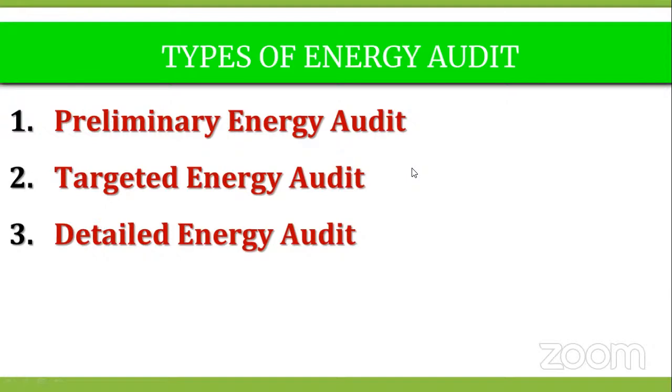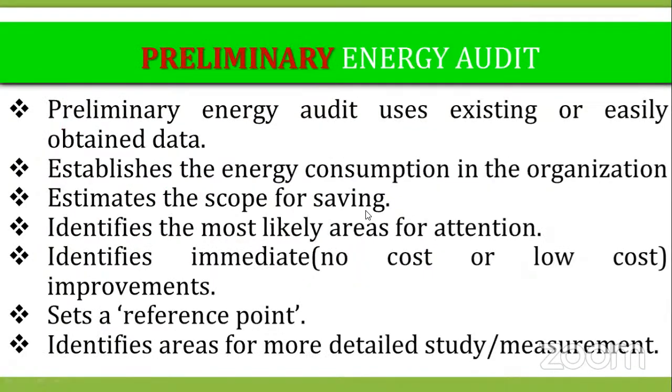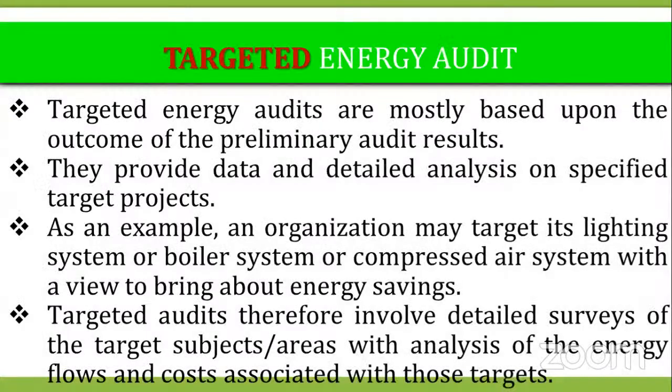In the preliminary energy audit, the point was data collection and the scope for saving. The targeted energy audit works from that data on the particular value having higher expenditure, or the savings and energy saving opportunities.